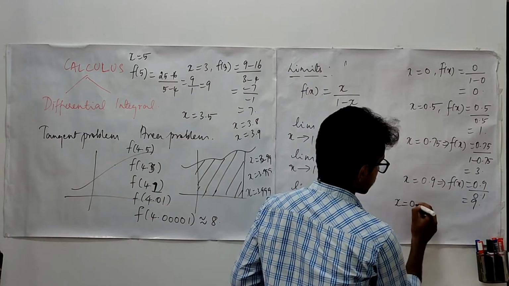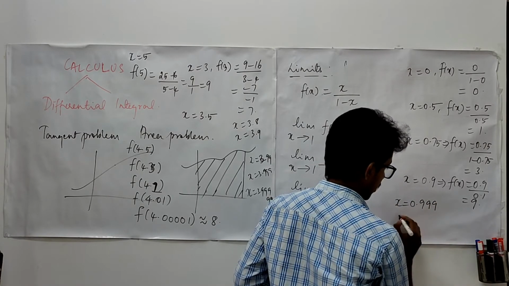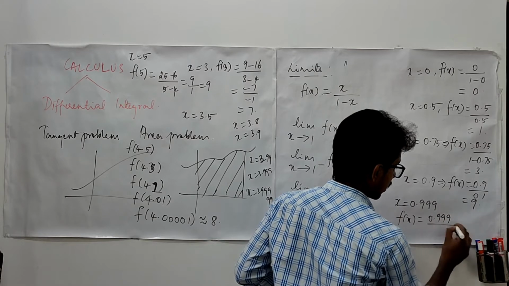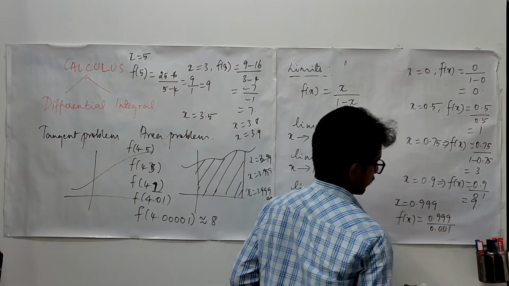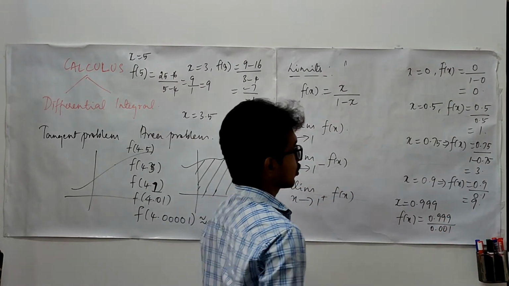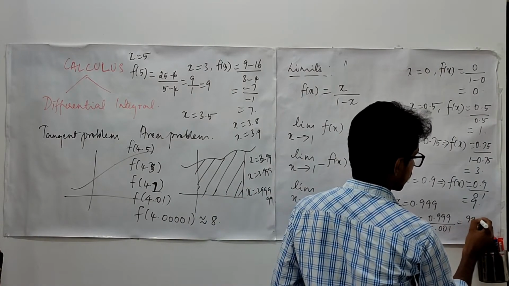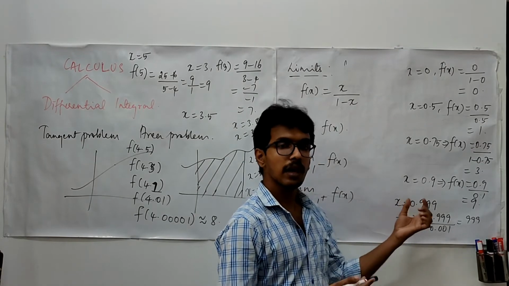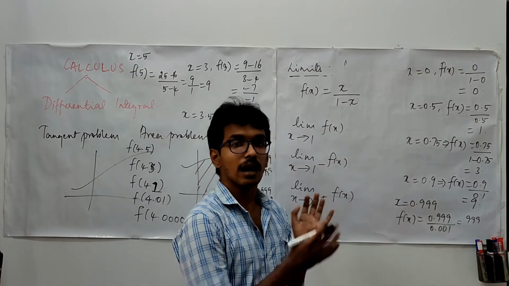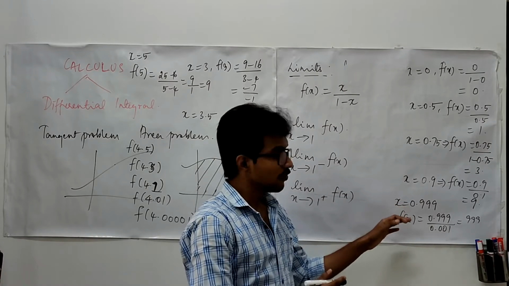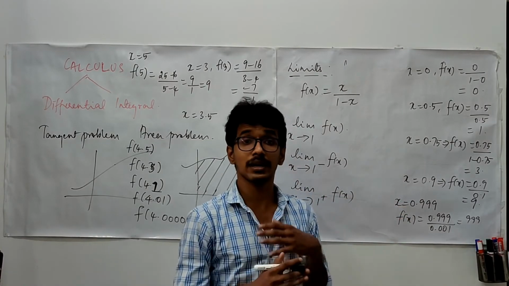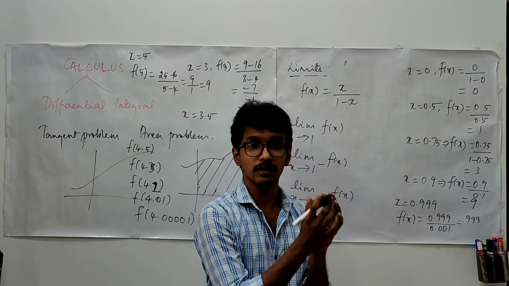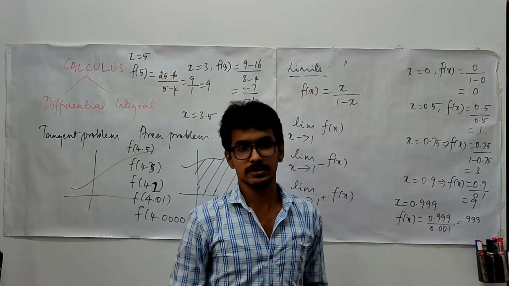Now when I take x is 0.999, my f of x is going to be 0.999 upon 0.001, right? So this is going to be 999, and if I make this value even bigger and it is nearing 1, we may see that the f of x value is becoming larger and larger. It is not tending to a particular point, it is growing unboundedly.